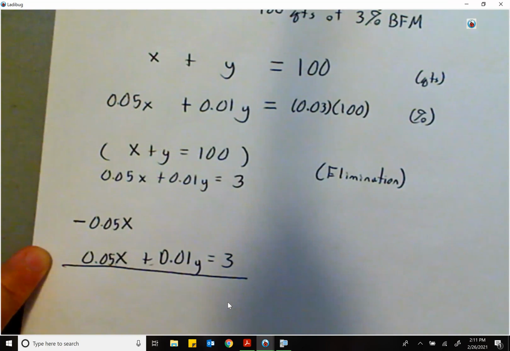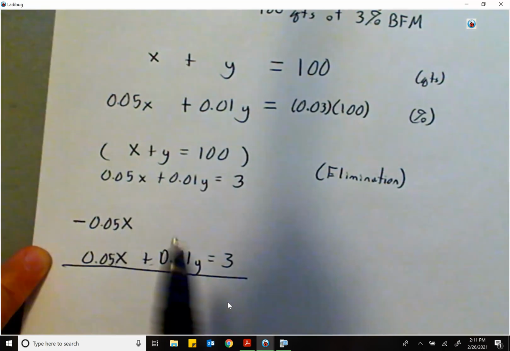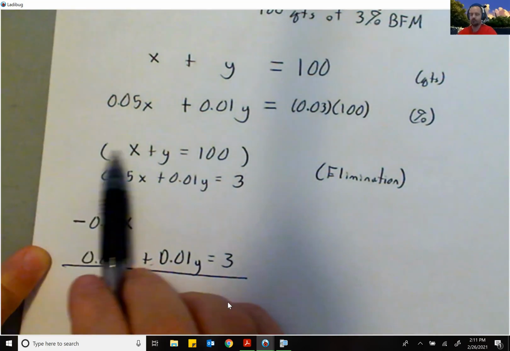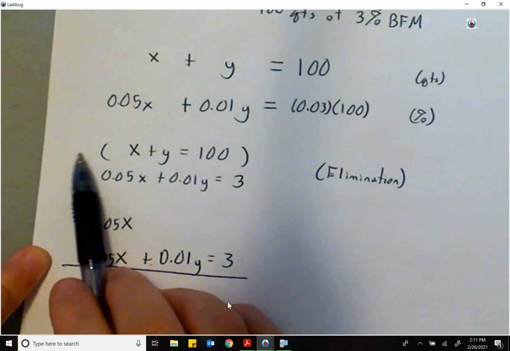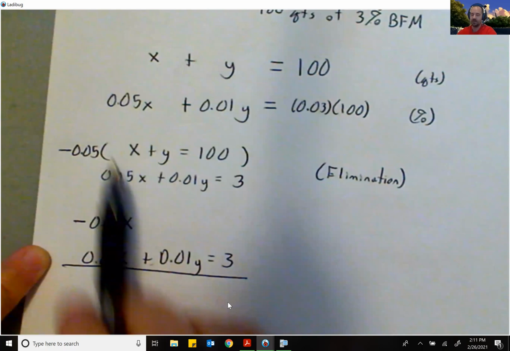What times x will give me negative 0.05x? What do we have to multiply by? Negative 0.05. It's got to be negative because we want it to be negative.